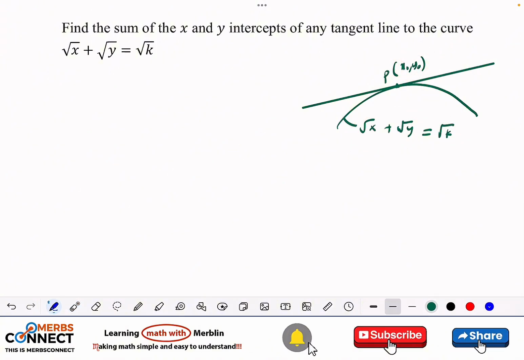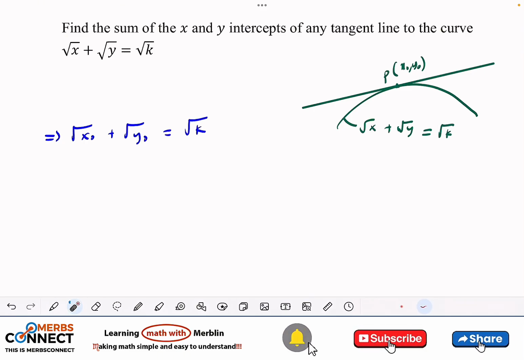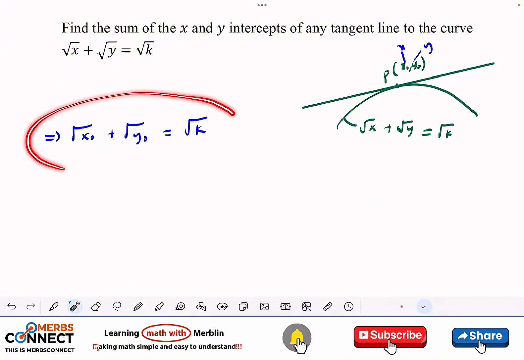So we are going to have an equation which is root of x naught plus root of y naught equal to root of k, right? Because we want to solve this one simultaneously. So x is x naught and y is y naught. So we just plug it in and we have this one here.